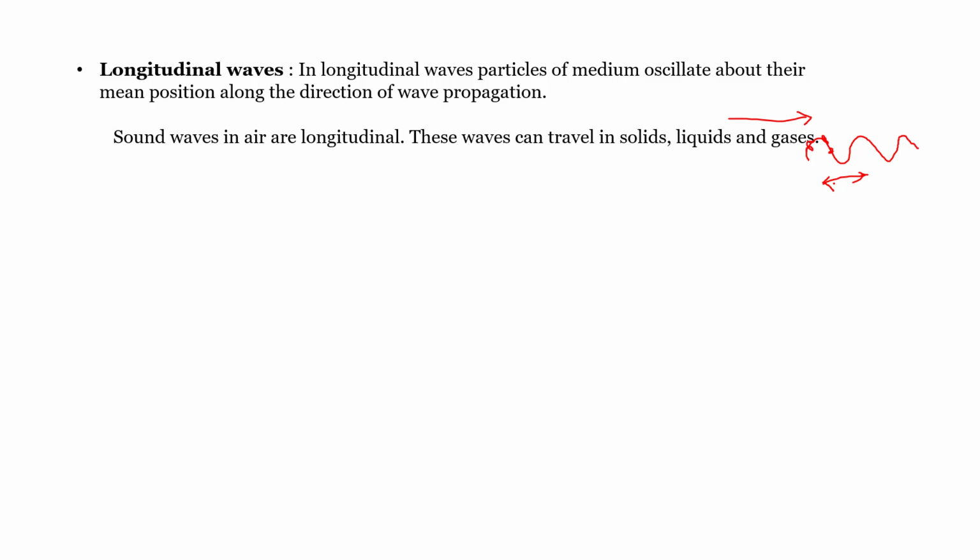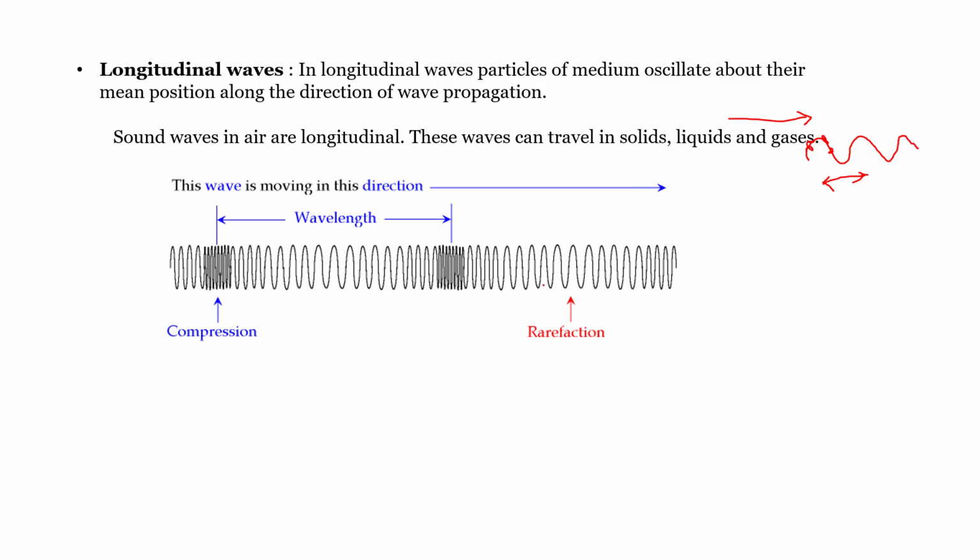Now let's see how sound waves in air are longitudinal. These waves can travel in solids, liquids and gases. You know that sound waves can travel in all these kinds of materials. So how they travel is by compression and rarefaction. Once a compression is created, it moves further and further and becomes rarefaction.